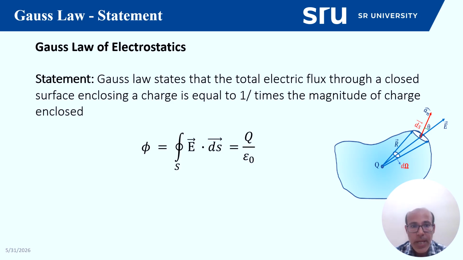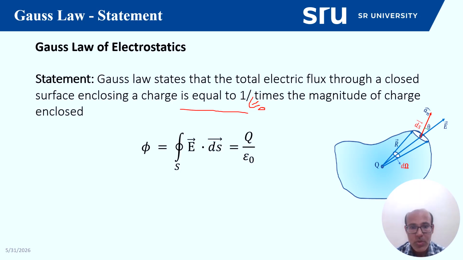So what it states is: electric flux through a closed surface enclosing a charge is 1 by epsilon naught times the charge enclosed. Epsilon naught is the permittivity of free space. Let's break this statement down into two parts.